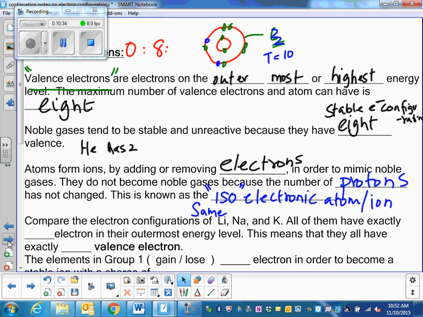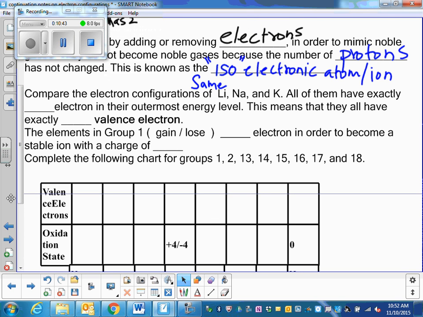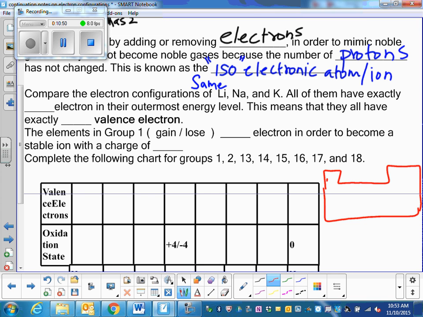So now they are asking us to compare the electron configuration of lithium, sodium, and potassium. All right? You have to remember that in the periodic table, lithium, sodium, potassium follow one below the other. On a periodic table, they all fall in group 1. So, if you write out their electron configuration, what will lithium's end in? 2s1.